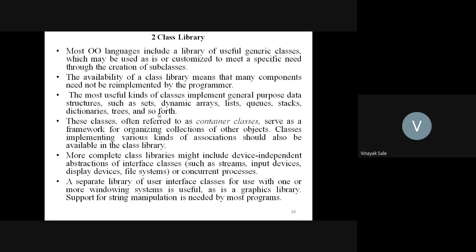A separate library of user interface classes for use with one or more windowing systems is useful. As with a graphic library, support for string manipulation is needed by most programmers.